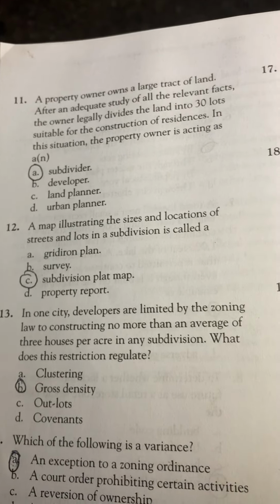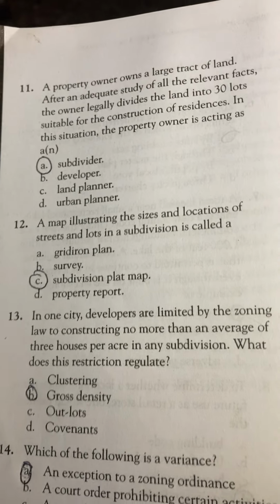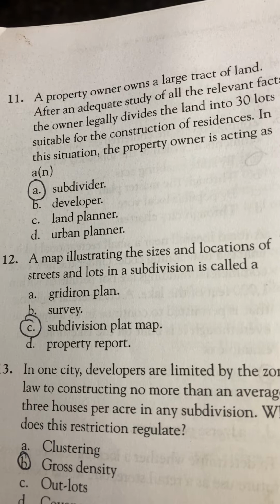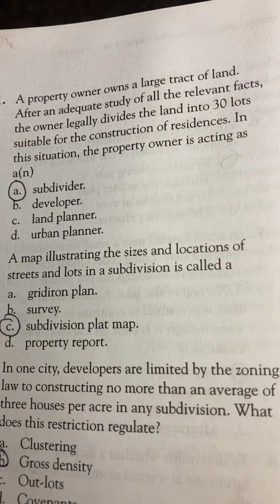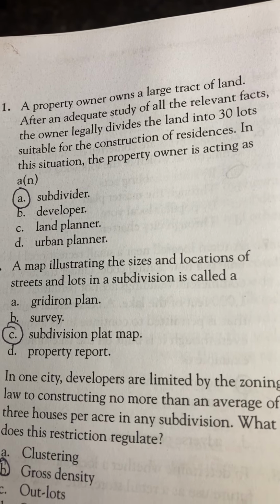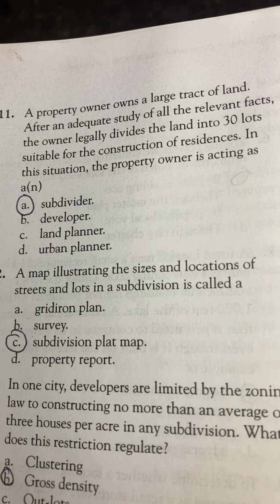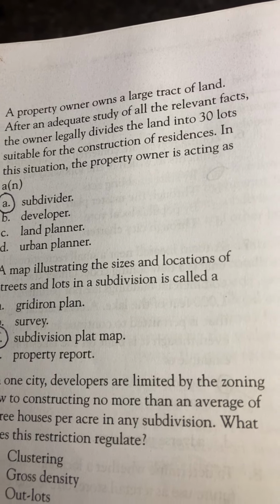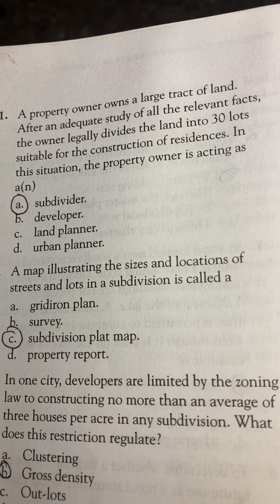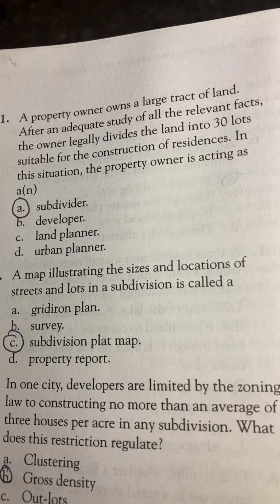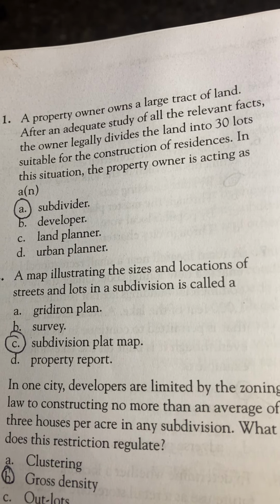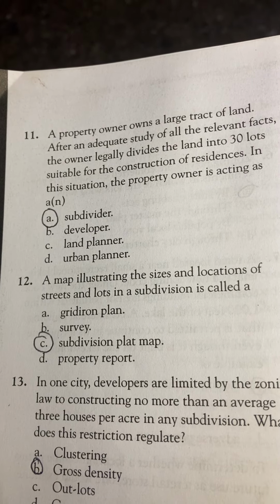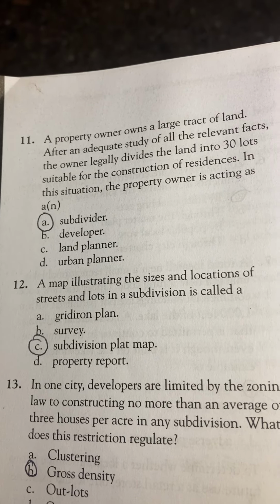Modern Real Estate Practice, page 402. Chapter 20 quiz continued. Number 11. A property owner owns a large tract of land. After an adequate study of all the relevant facts, the owner legally divides the land into 30 lots suitable for the construction of residences.